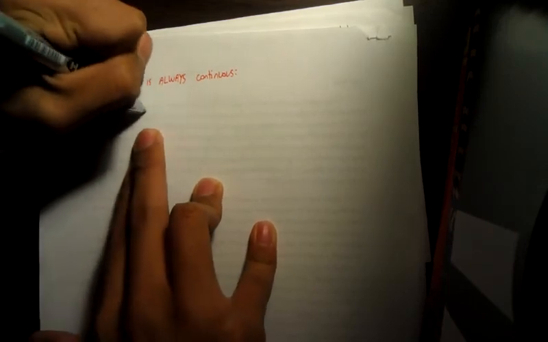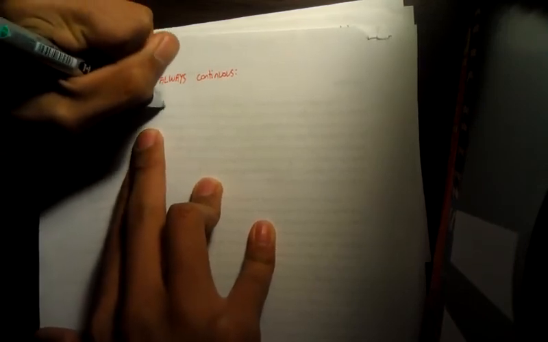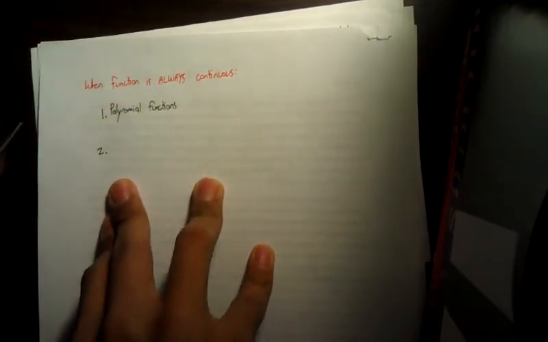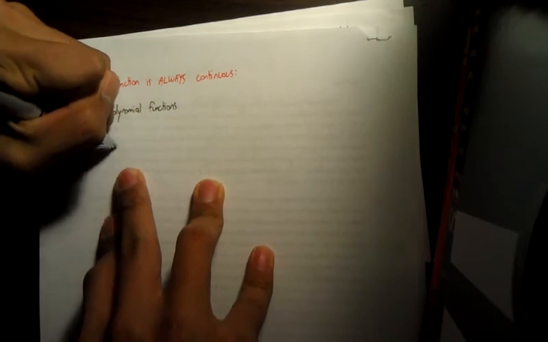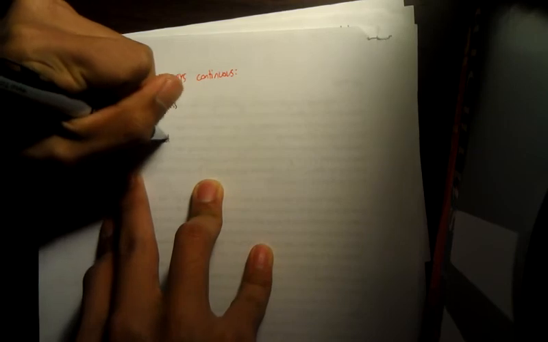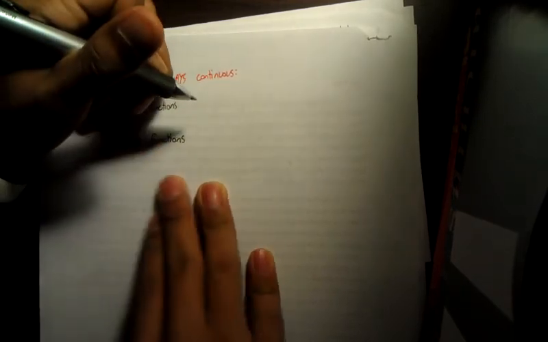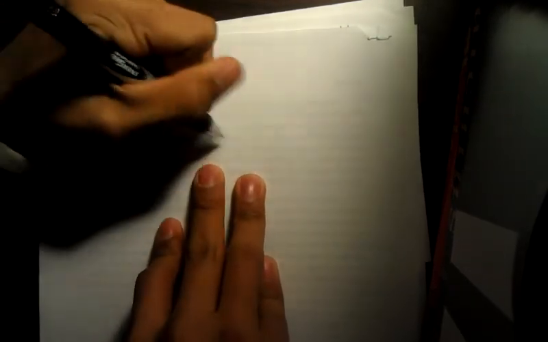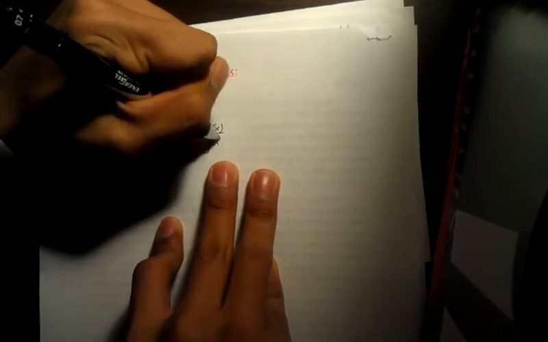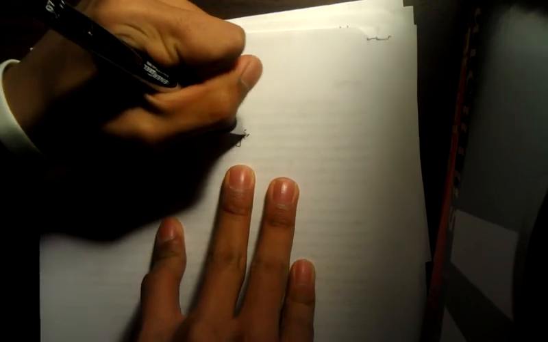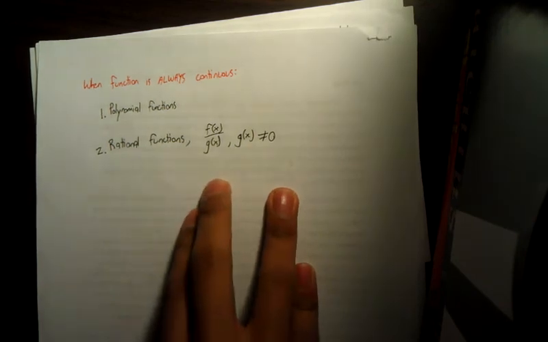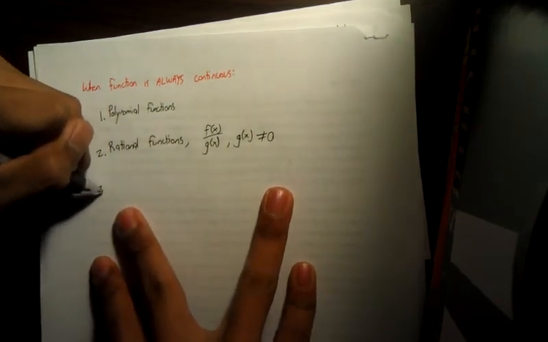No matter the degree, polynomial functions will always be continuous. The second one is rational functions. So long as, say it was f of x over g of x, as long as g of x does not equal 0. In that case, there would be a non-removable discontinuity.